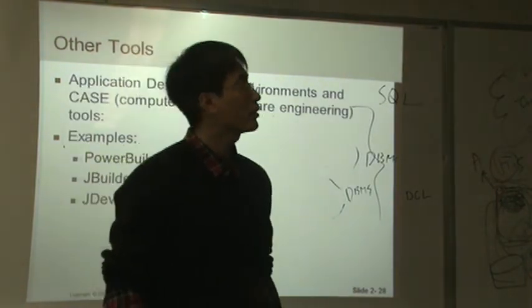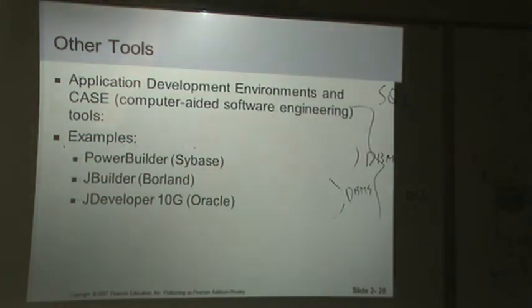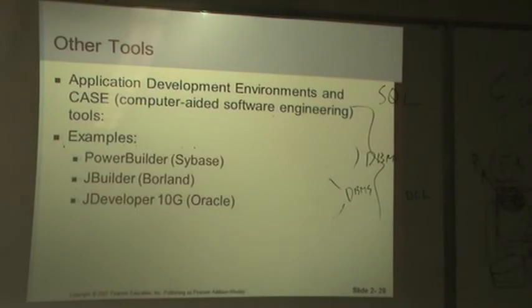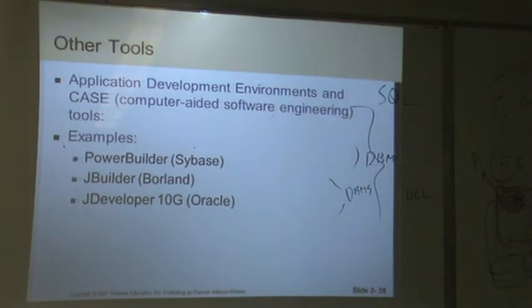A DBMS, in addition to defining the database, creating the database, and accessing the database, actually provides more functionality for convenience, like backup and recovery. Nowadays, backup and recovery is very important, especially after 9/11.